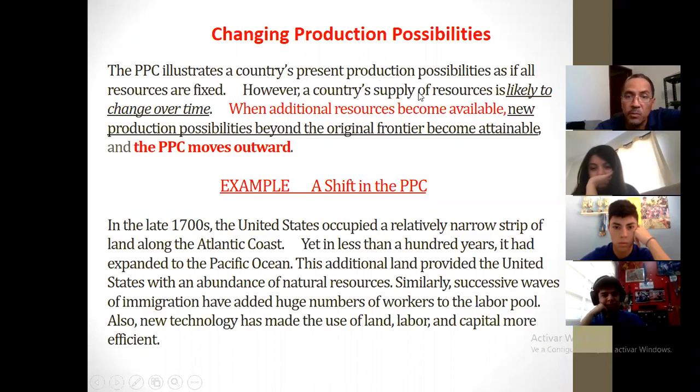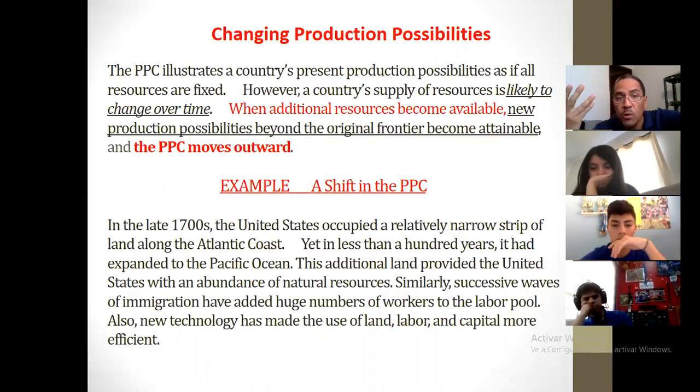However, a country's supply of resources is likely to change over time. Pay attention to this: when additional resources become available, new production possibilities beyond the original frontier become attainable.